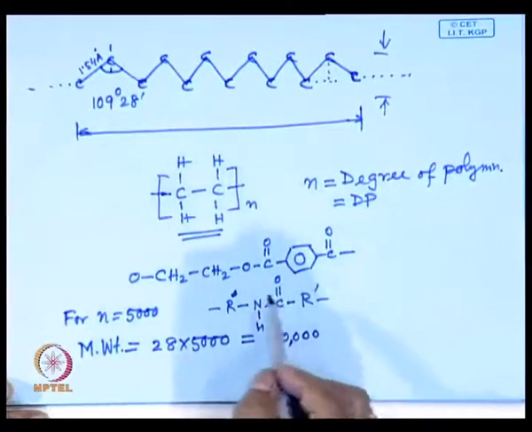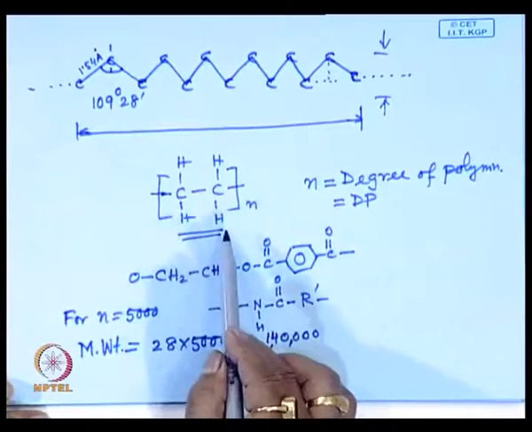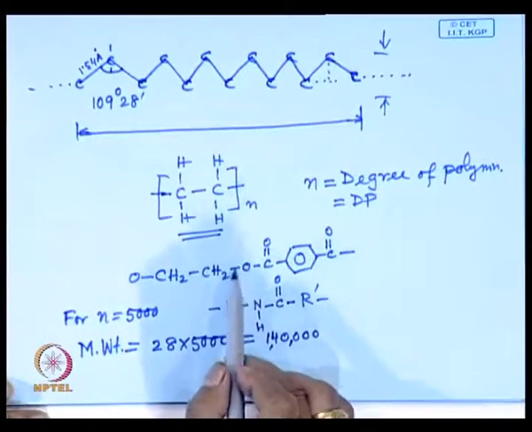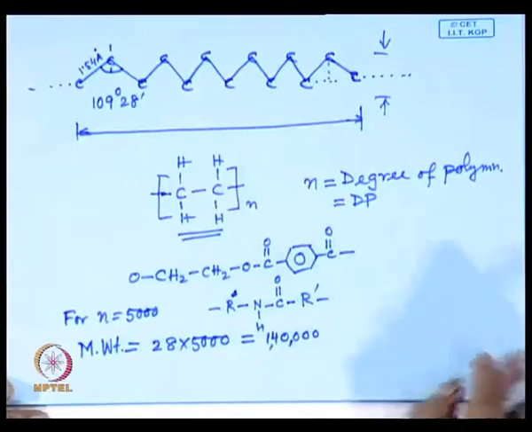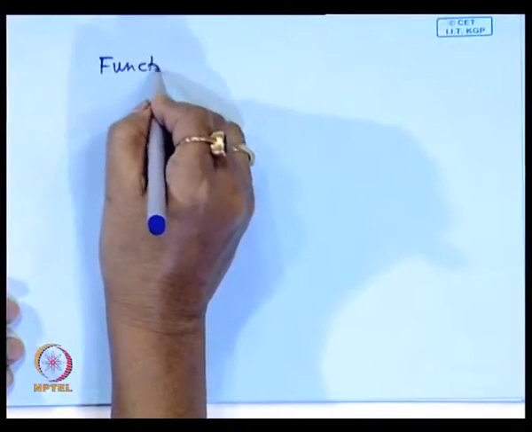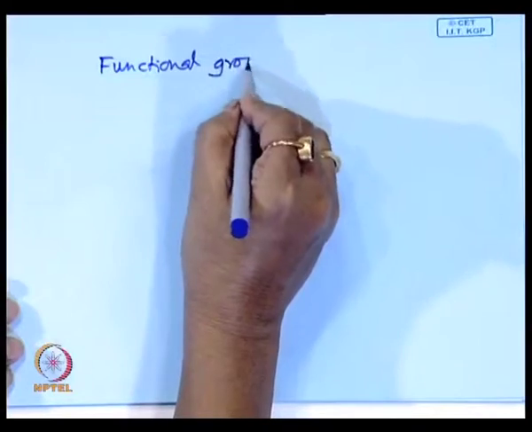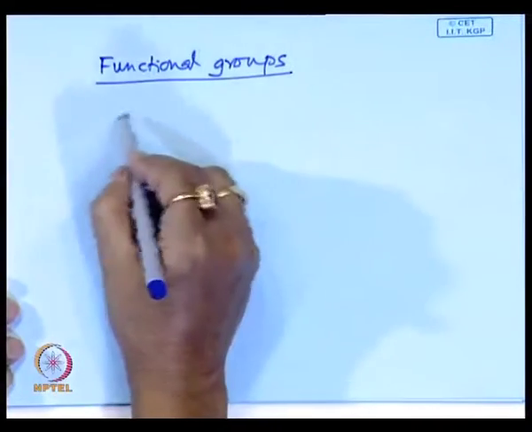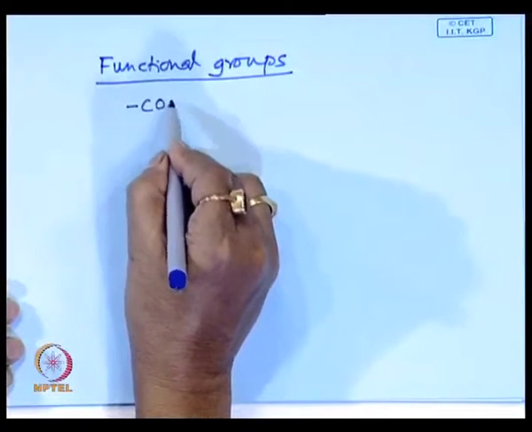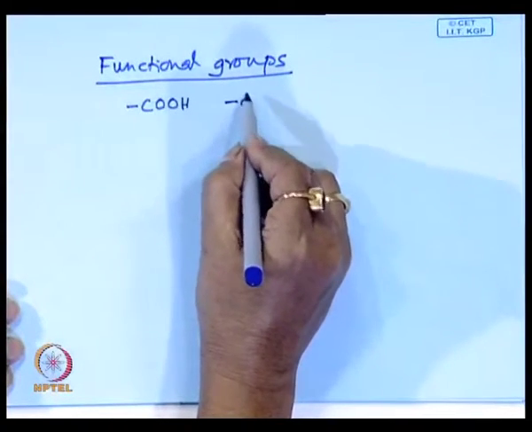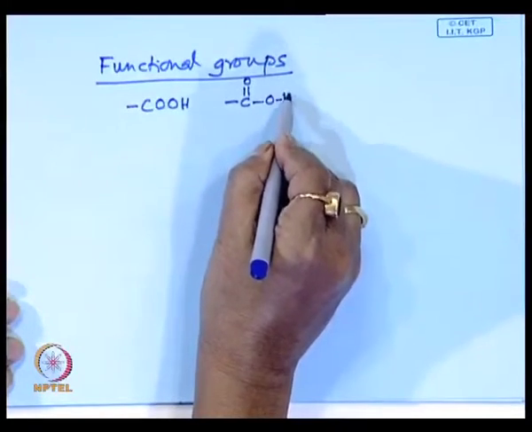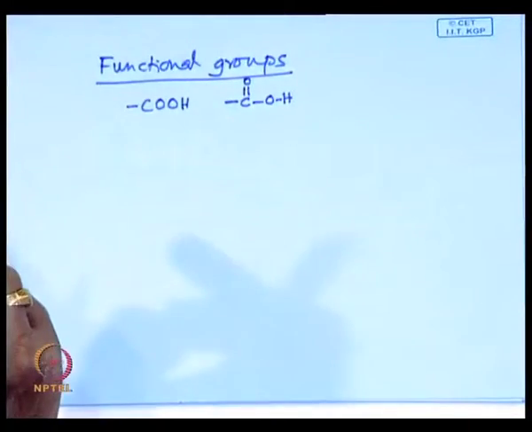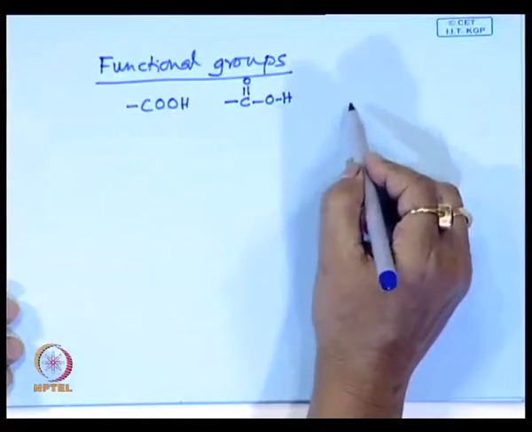Then functional group. Now, there is no functional group like that in polyethylene, as we know. By functional group we mean, say, a carboxyl group, a group like this, attached to the polymer backbone chain.